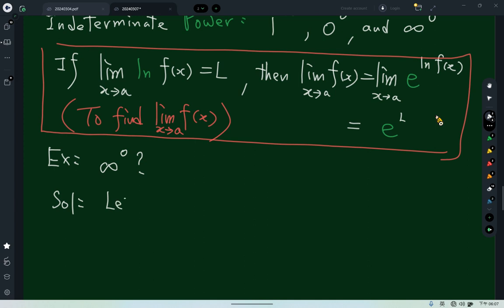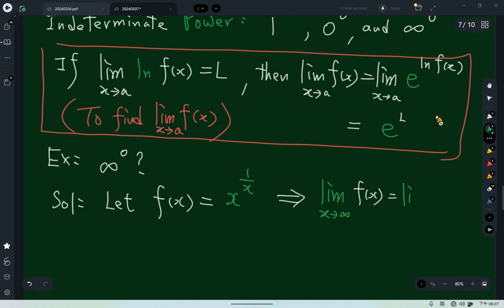Let f of x equal x to the power of 1 over x. Then I calculate the limit as x approaches infinity of f of x, which becomes the limit as x approaches infinity of x to the power 1 over x.